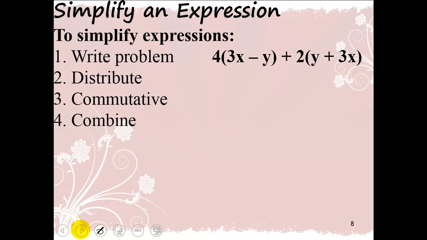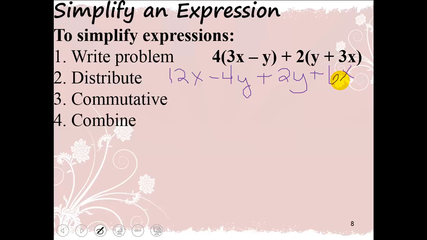So you go ahead, hit pause, try this one, and then come back and see how well you did. All right, I'm going to distribute first, and I get 12x minus 4y plus 2y plus 6x.